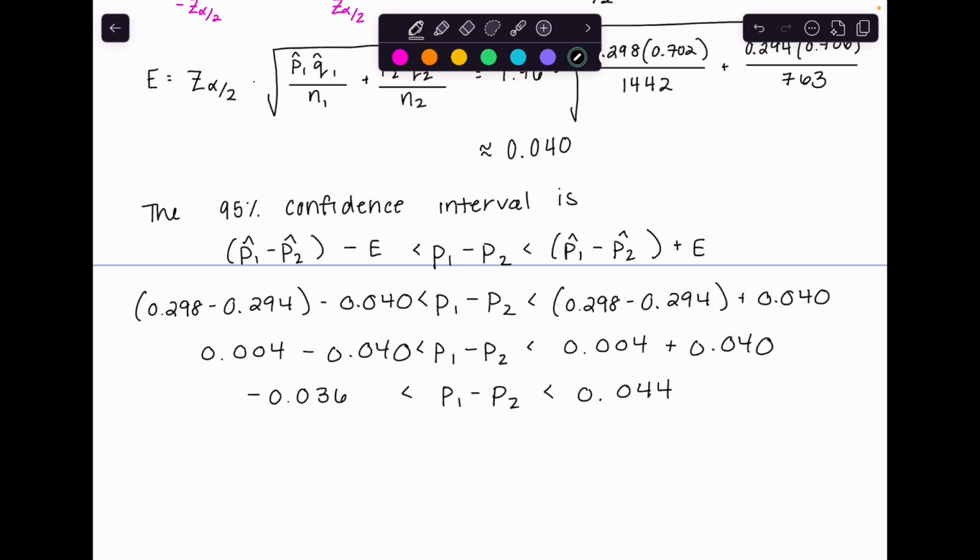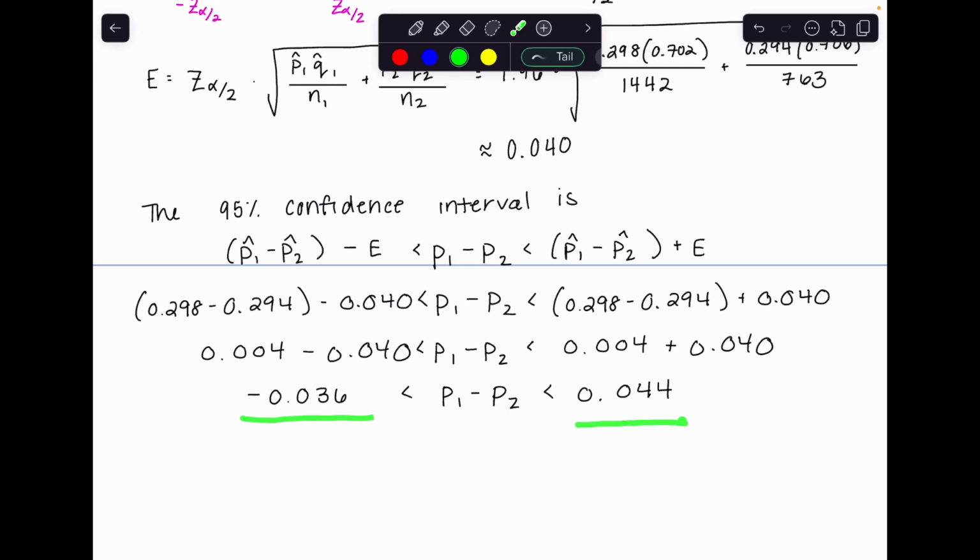So my claim is that these are equal to each other. So that would mean the true difference is equal to 0. Well, if I look at my confidence interval, that's somewhere between a negative value and a positive value, their difference equaling 0 falls inside the interval. So that tells me there is a chance that they are equal to each other with a decent probability.